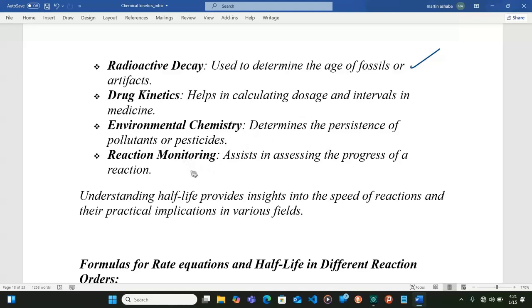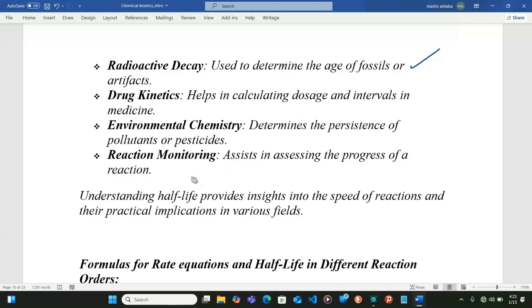For reaction monitoring, half-life is also used in assessing the progress of a reaction. If we are able to determine how long it takes for the concentration of reactant to reduce to half of its initial concentration, then we can tell the progress.